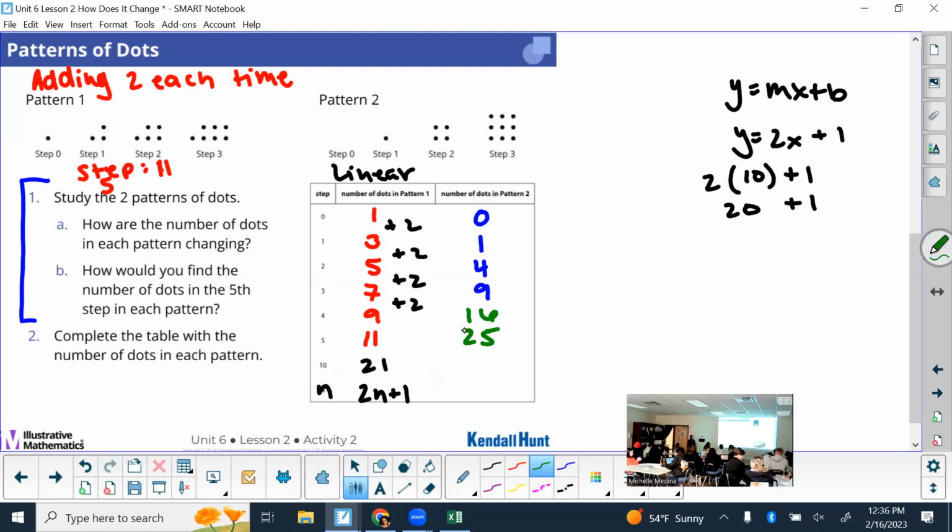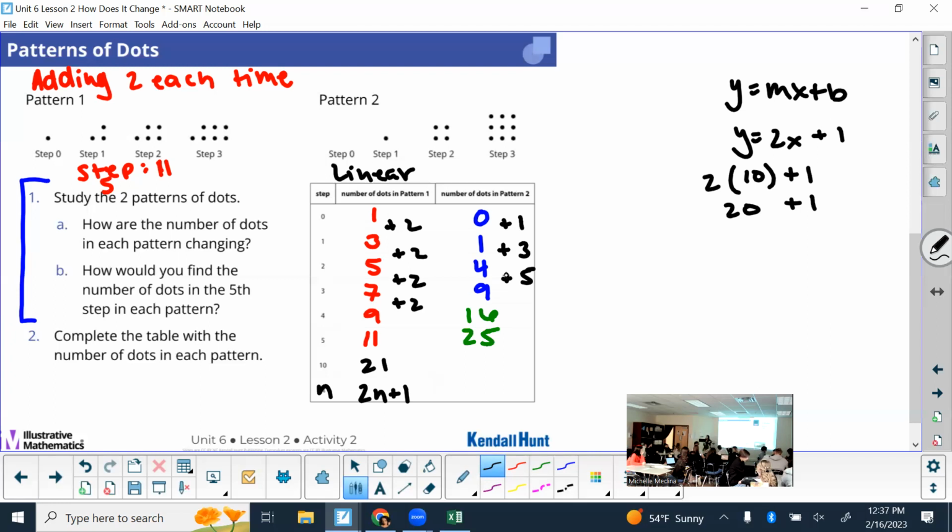Okay, great. Now this pattern, it probably isn't easy to see initially what the pattern is, but you can definitely tell it's not linear. Because how do you go from 0 to 1? You could add 1. How can I go from 1 to 4? How can I go from 4 to 9? And what we end up seeing is a pattern in the difference, if that makes sense. Are we seeing a pattern now in the difference?